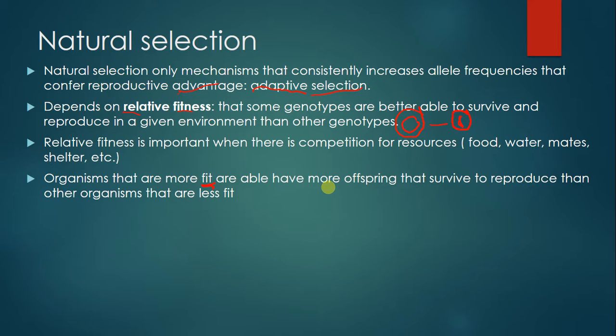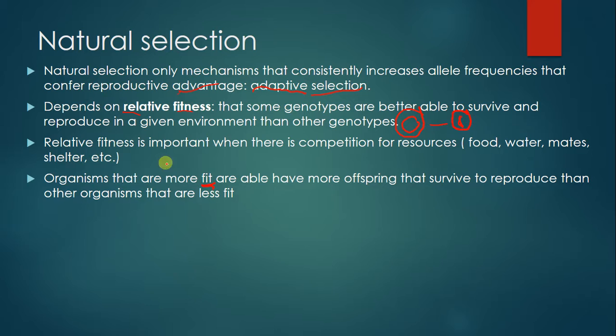So fitness is not necessarily the genotype that allows an organism to live the longest, or be the fastest or biggest or best able to get food. That might be the case, but at its base, natural selection favors those genotypes that allow an organism to survive and produce the most offspring that are then able to survive to adulthood and reproduce themselves.